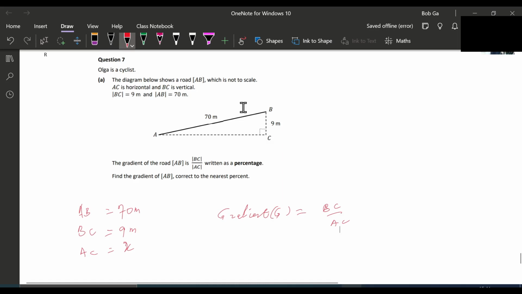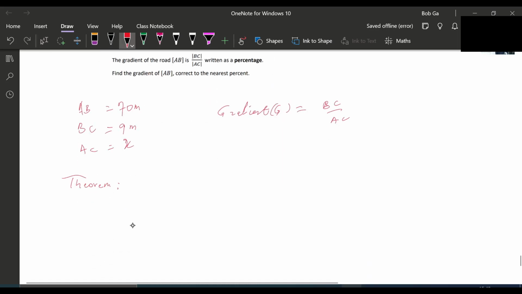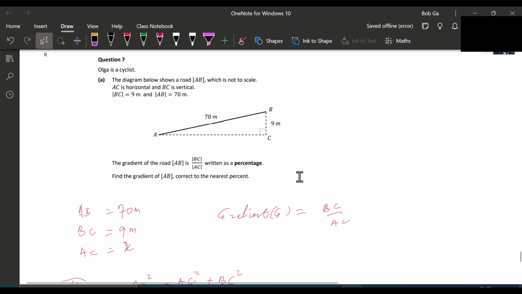But we know from Pythagoras theorem, AB squared is equal to AC squared plus BC squared. So that's given by Pythagoras theorem.